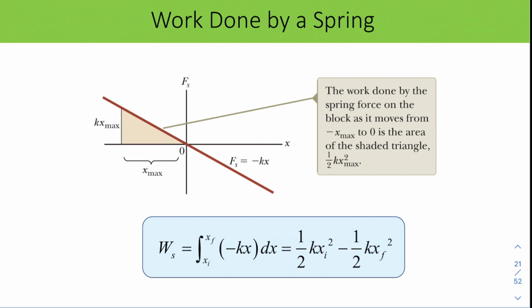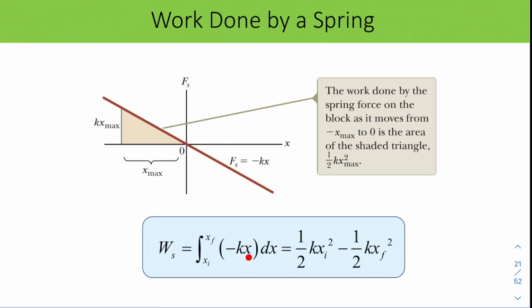Alright, so we can conclude that the work done by the spring force on the block as it moves from negative x maximum to 0, for this side, is the area of the shaded triangle, which is half kx maximum squared, right?